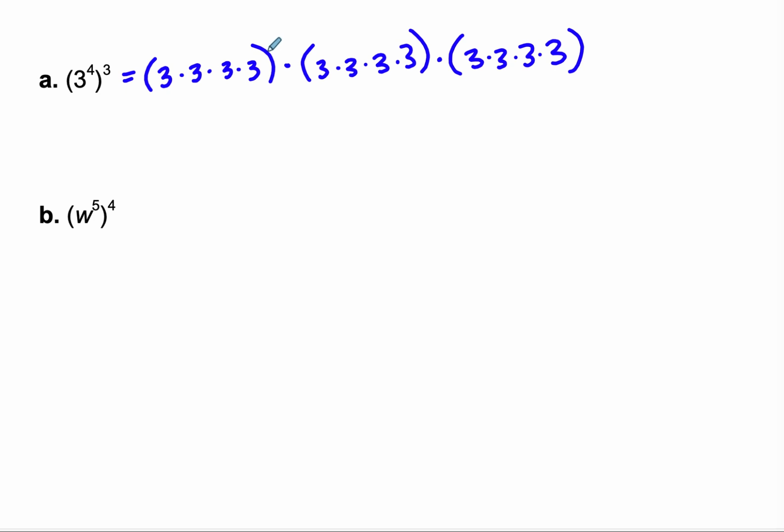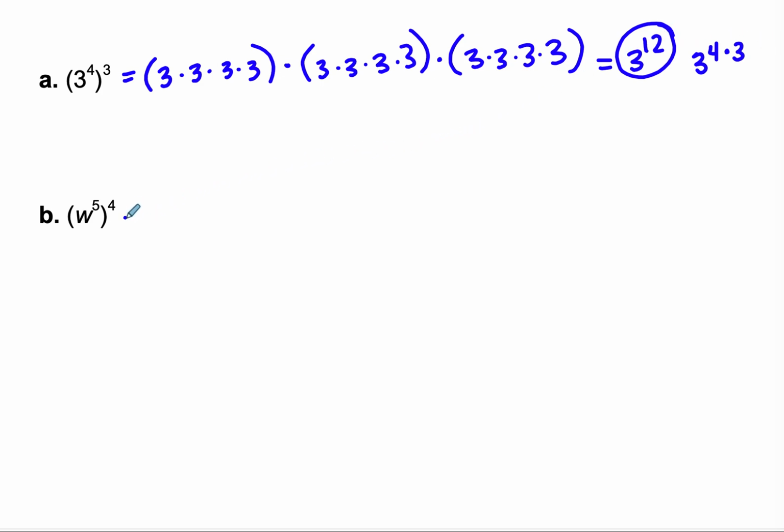Okay, so 4, 8, 12, I have 3 to the 12th power. I don't expect you to write all of that out. I'm just showing you as a way to help you understand why we can multiply that together. So we did 3 to the 4th power times 3. That's where that came from.